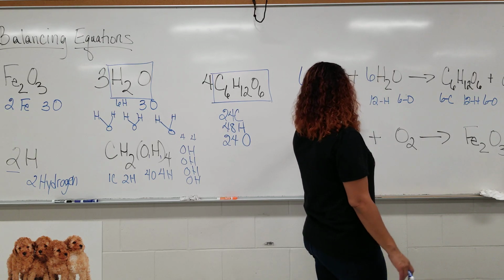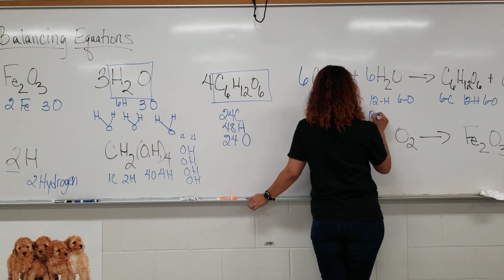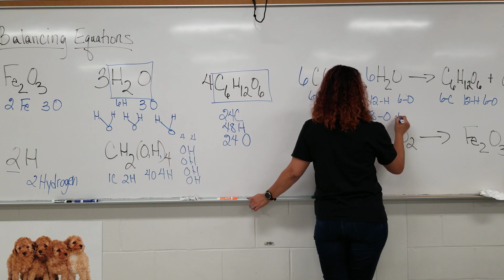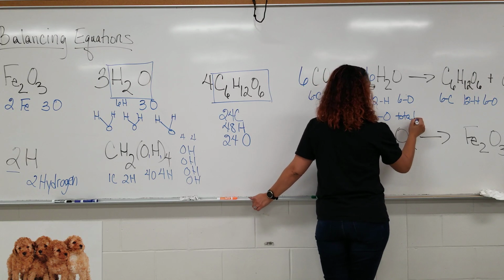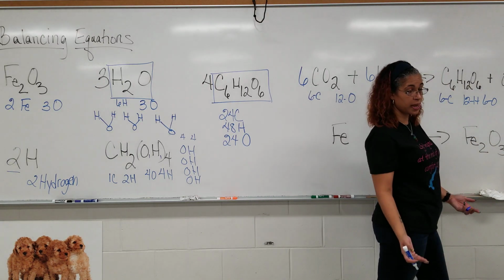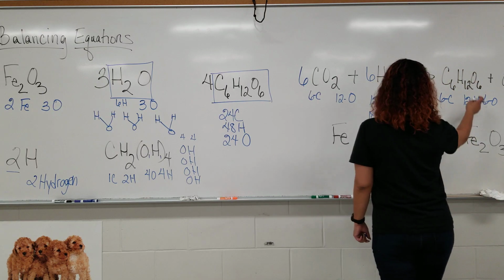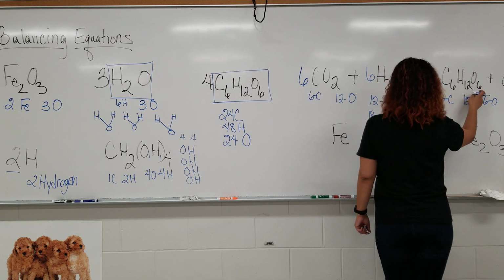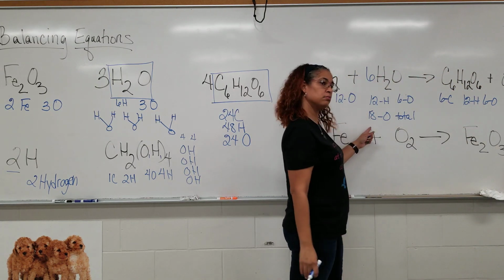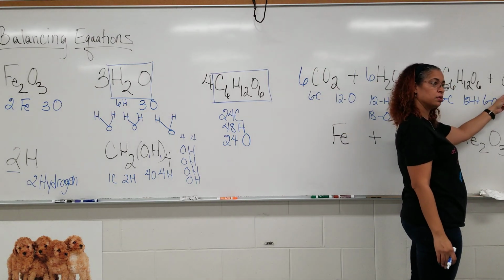Here I have 12 plus 6, so 18 oxygens total on this side. But on this side I have 6 plus 2 is 8. So what do I have to do? Well, if I say I have 6 here and I need to get to 18, what do I need to get over here?